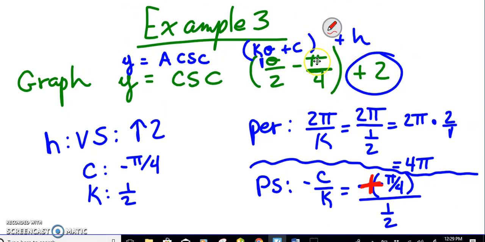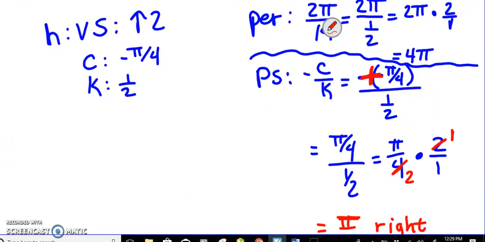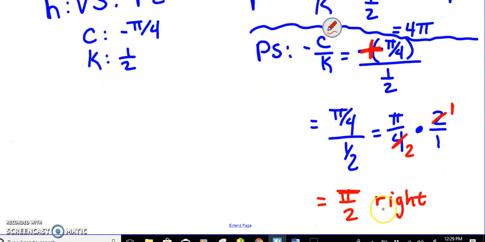So if this was negative, it went to the right. If it was positive, it went to the left. And so here, if we look at C, negative pi over 4 is negative, so it should go to the right. And then the answer that we have for phase shift tells us how far right to go. Correct? Right?